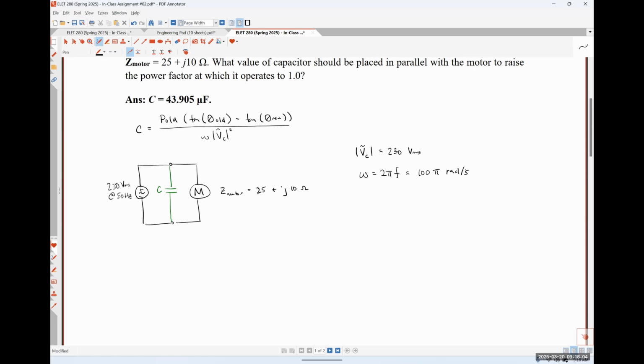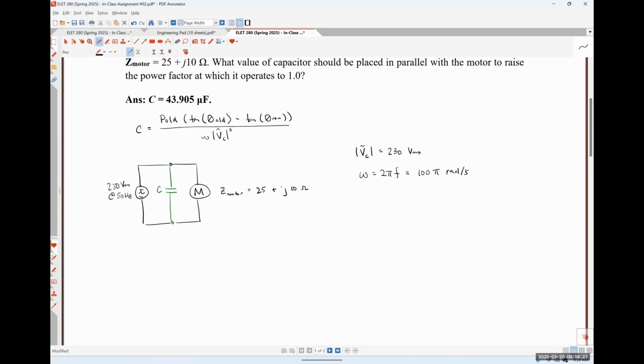Those are the easiest things for us to figure out here. Now we're going to have to do a little bit of work. The next easiest thing to figure out would probably be theta new. We are told that our target power factor should be 1, or unity.